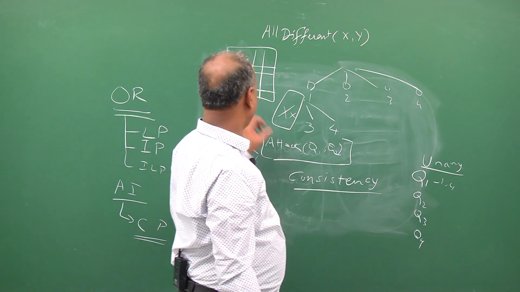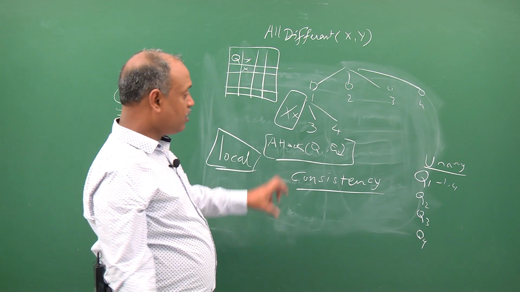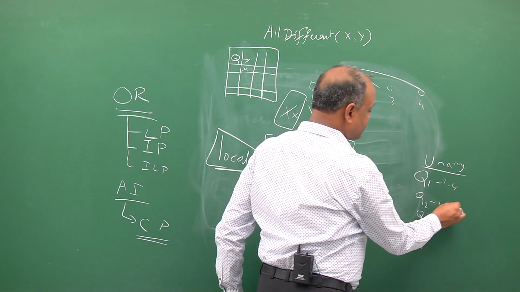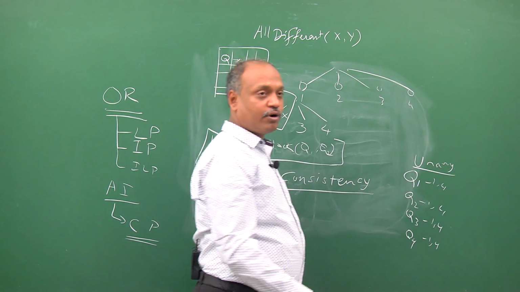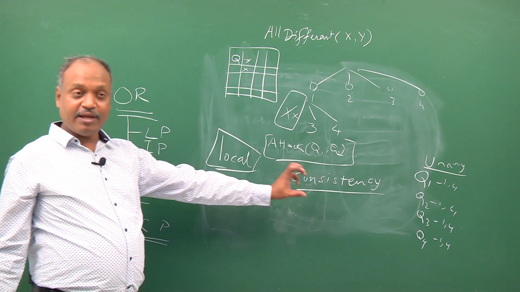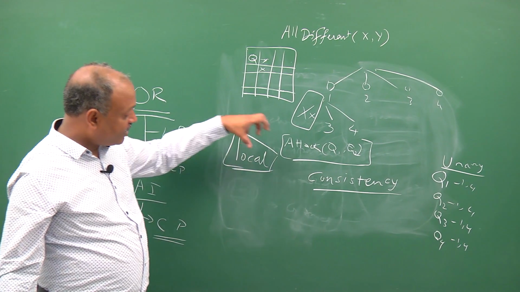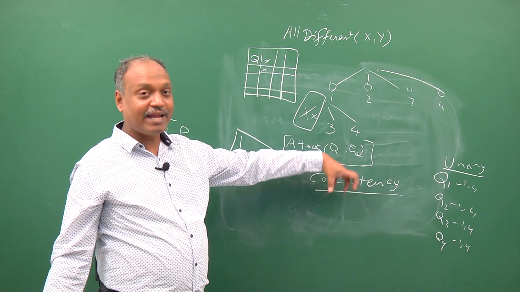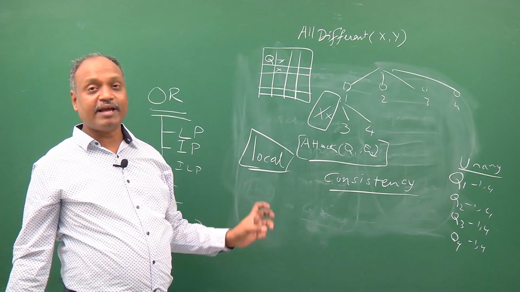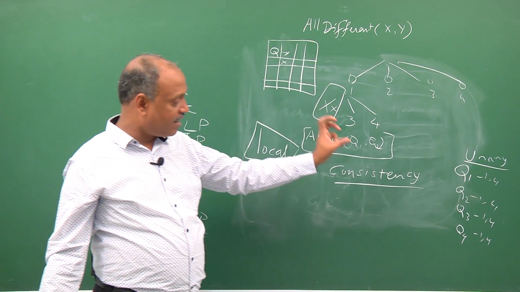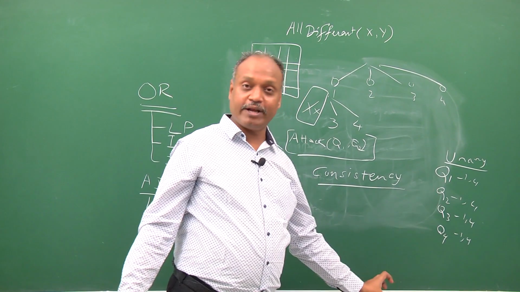You cannot have a queen in the 5th position. So the unary constraint says that all the queens should be between 1 and 4. That is primarily a constraint which places what is called 1-consistency on the overall solution. So you cannot have something like Q3 equal to 5; you can only have 1, 2, 3 or 4 for any value.